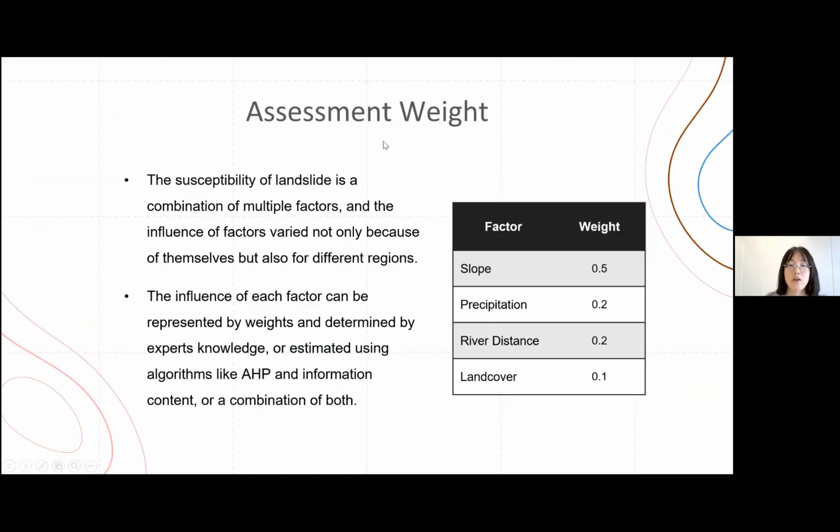So here, for the assessment weights, we can see that the weight for slope is 0.5, and for precipitation and distance to river, both of them are 0.2. And for land cover, that should be 0.1.